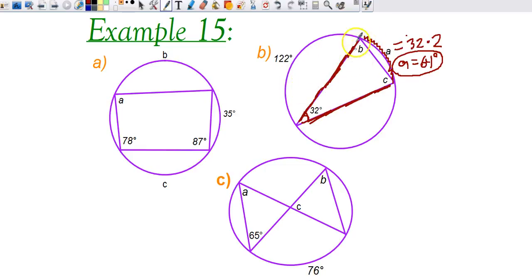Letter B. If you look at the angle that it is, that's actually an arc I don't have yet, because that opens up down here. I don't have this, but I can get it because I know that this arc plus that arc plus this arc, which doesn't have a label, should add to 360. So this is going to be 360 minus the sum of the 122 and the 64.